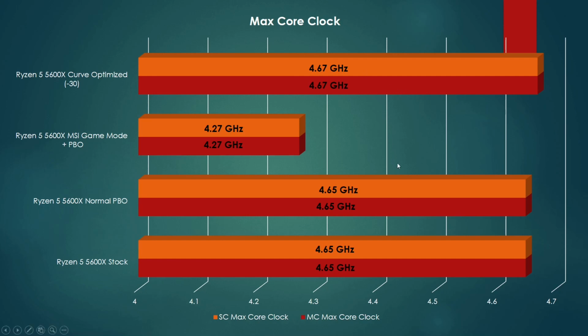Here you are able to see the frequency is almost the same, but without me altering anything, I was able to see a 20 megahertz increase with the curve optimized one. So that is also a good one. Here you are able to see the CPU has seen a headroom to boost a little bit further.